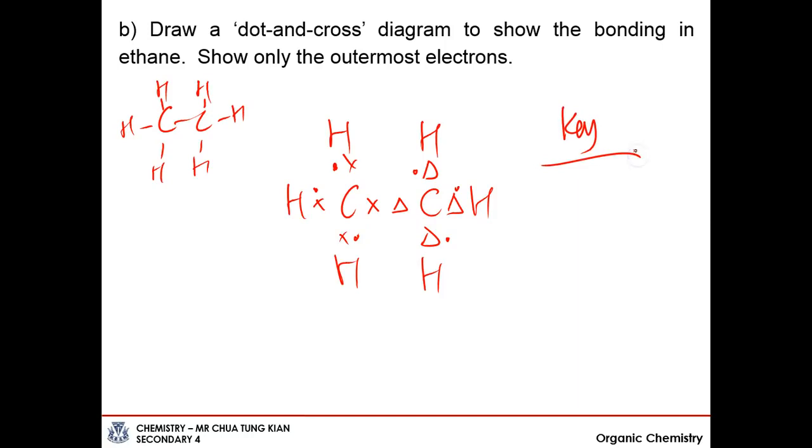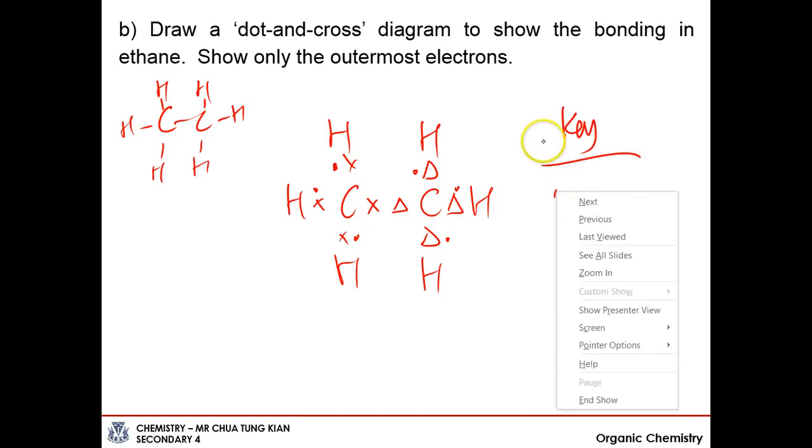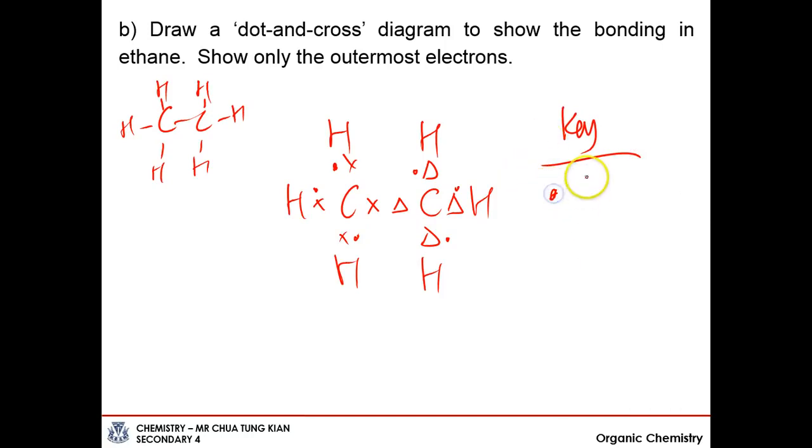And I have my key. This is the electron of hydrogen, and this one are the electrons of carbon. So show only the outermost electrons. This is what you will get. Dot and cross diagram. All single bonds. One pair of electrons make up one bond. Right?